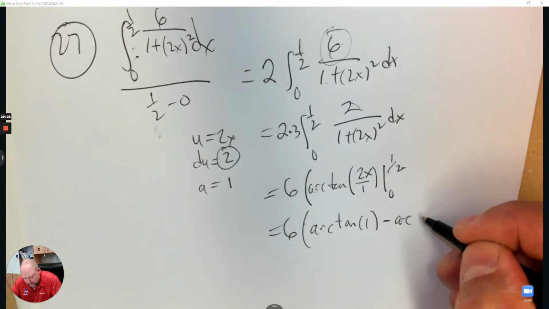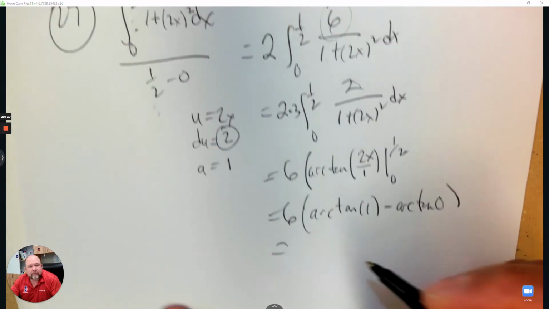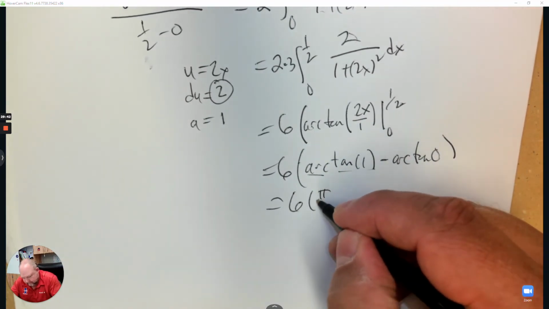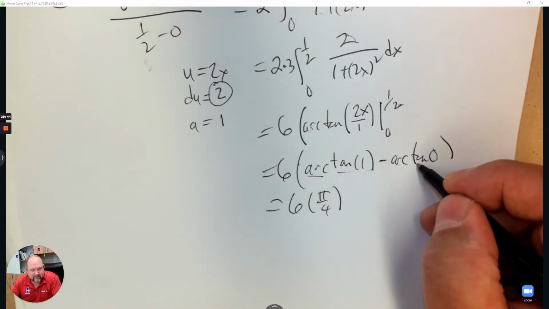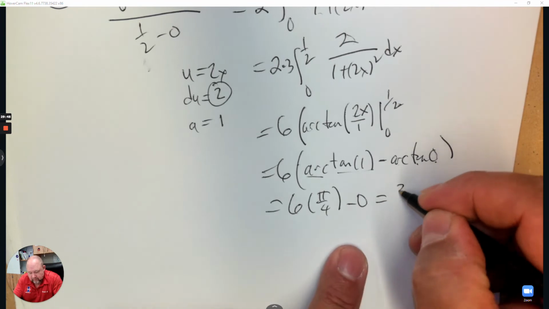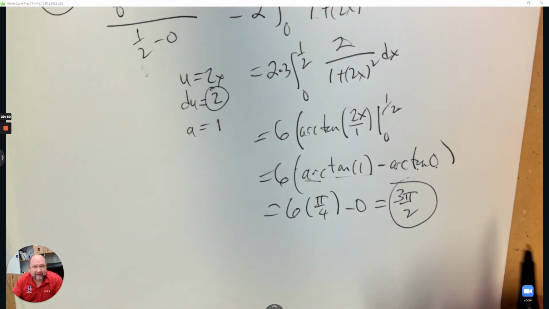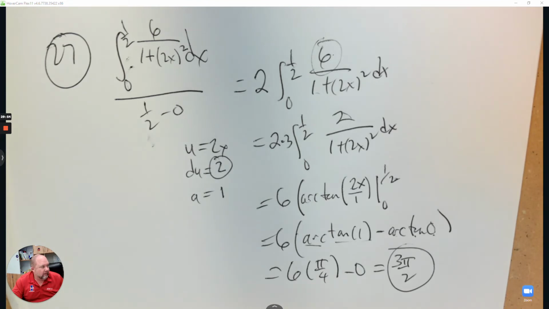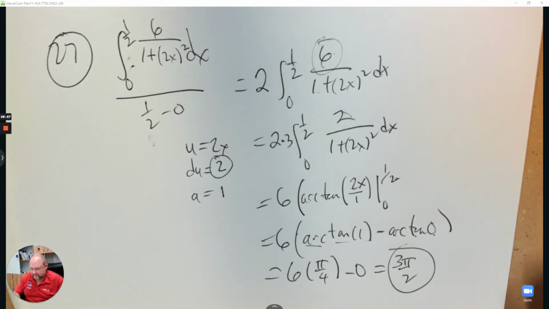Subtract, plug in 0. The value of arctangent at 1 is pi over 4. And the value of arctangent at 0 is 0. So if you reduce it down, it's 3 pi over 2. And that's the average value of that function. 28.